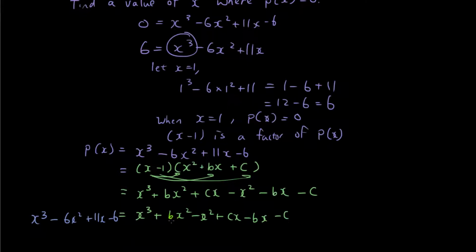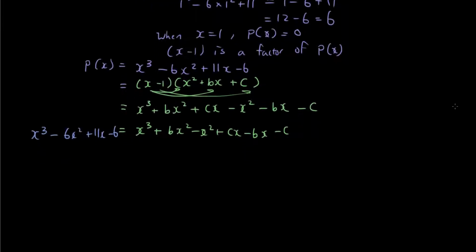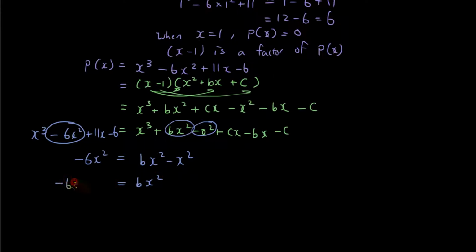Right, and in order to figure out what b and c are, you just have to compare. So I'm going to get all the terms where x squared is the pronumeral. So I have negative 6x squared equals bx squared minus x squared. So in order to figure out what b is, bx squared equals negative 6x squared plus x squared.